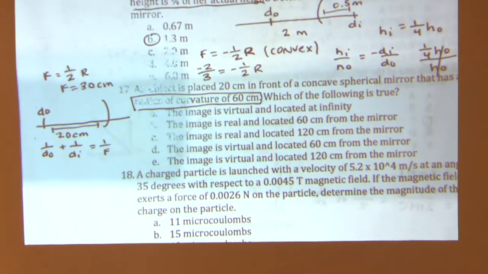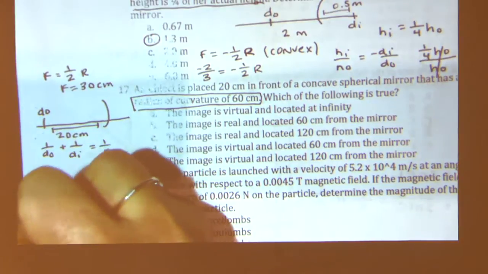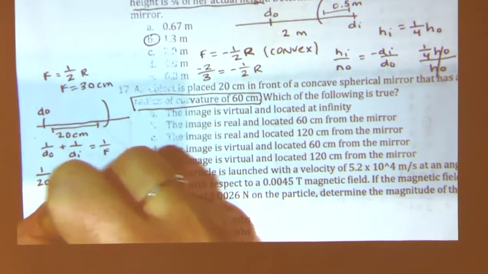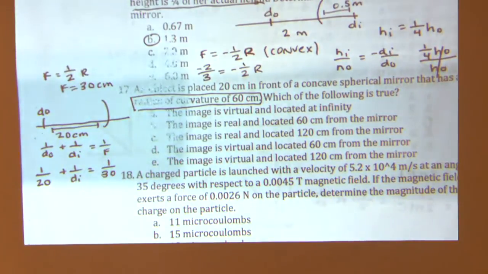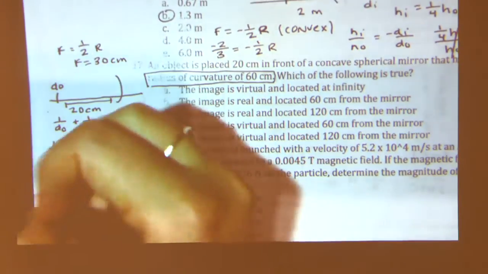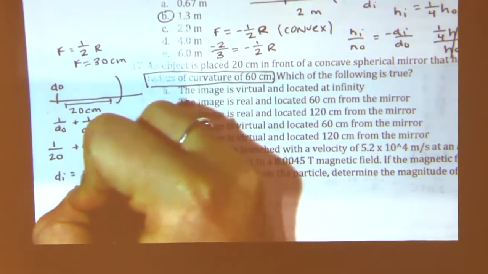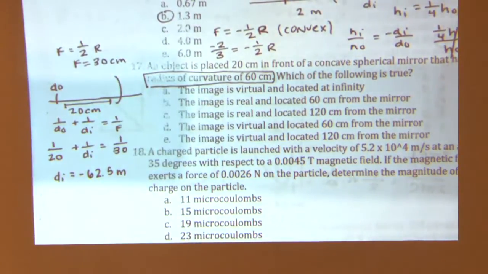Going on, now we have DO and we have F, so we just need to find DI. So we have 1 over 20 plus 1 over DI is equal to 1 over 30. And when I solved that out, I got DI is equal to negative 62.5 centimeters.